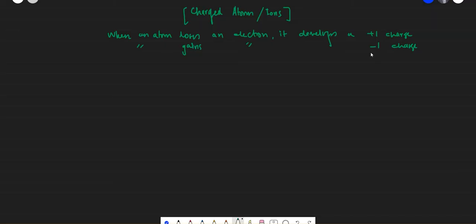Okay? So, for example, if I say that Na is +1, what does this mean? It means that 1 electron is lost. Many students get confused that +1 means 1 electron is being added. No, it's not that. Electron is negatively charged, so whenever an atom loses an electron, it will develop a positive charge.